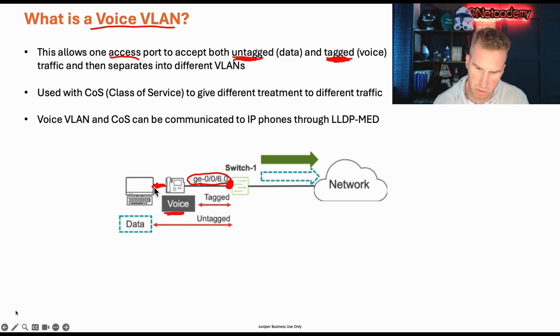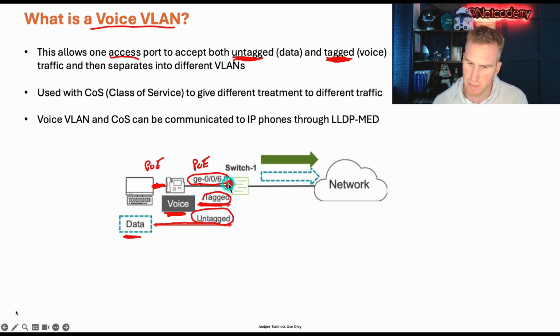And that could also be supplying power over Ethernet here, and maybe you've got power over Ethernet here as well. That's the topic we just did. But the voice traffic is coming up to the switch tagged, so it's already coming with its own VLAN identifier, whereas the data traffic here, it's coming up to the switch untagged. And that's where you could see we've got tagged and untagged traffic.